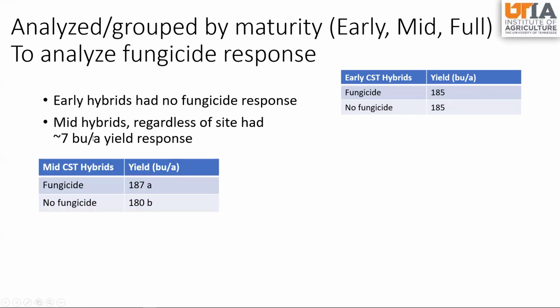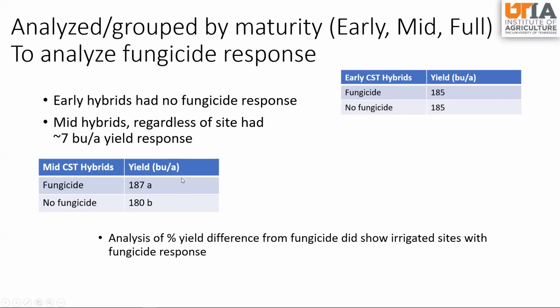Looking at the mid-maturity hybrids, regardless of site, we did see an average 7 bushel per acre yield response. And similarly, if we analyze that same data set by yield percent difference instead of just bushels per acre, it showed that irrigated sites were the ones actually driving this fungicide response.